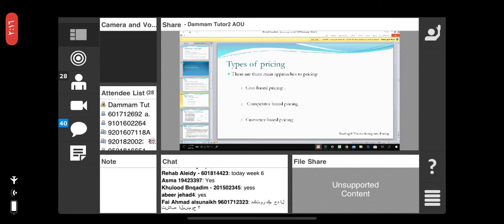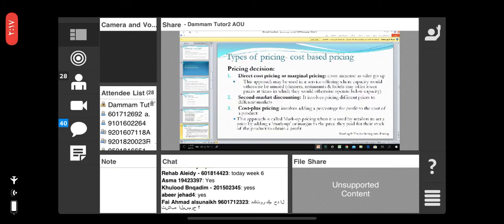تكلمنا عن البرايسنج. عندنا 3 types of pricing, right guys؟ You price your product depends on what? Depends on the cost, sometimes depends on competitors, or sometimes depends on customer, right guys?